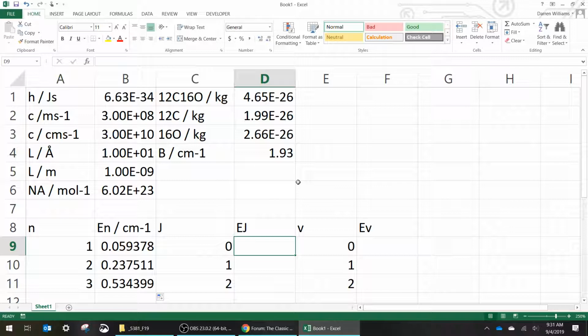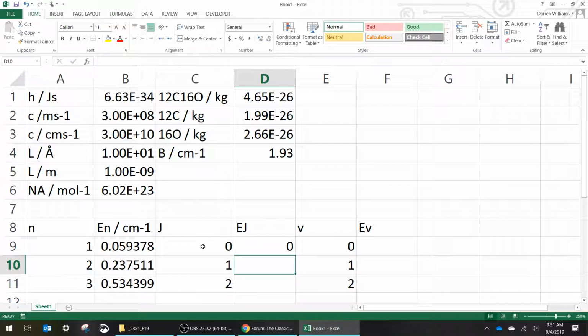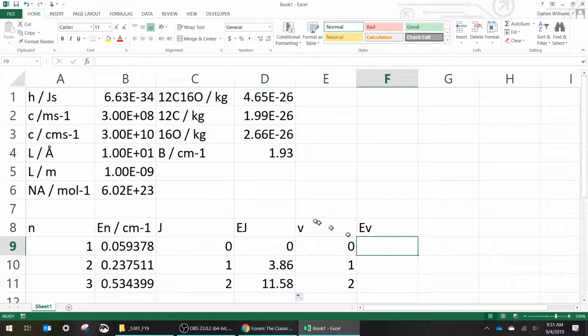I think it's 1.93, but I'm not sure. Make sure it's divided by 8.